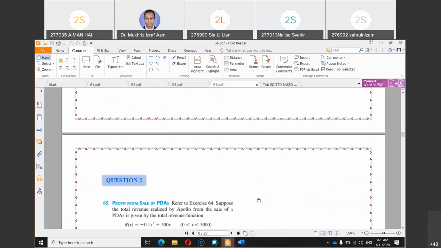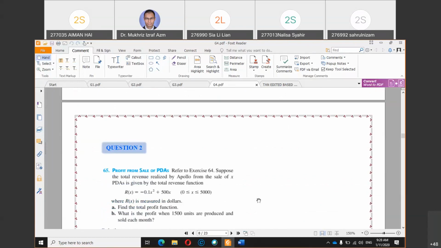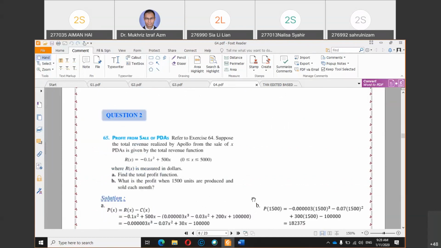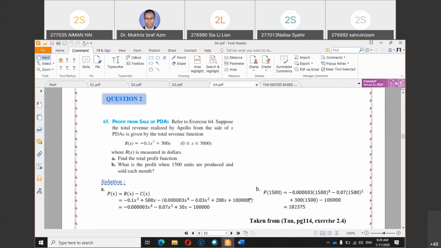Okay, that's the problem because everyone is using the same material, so you end up with chances for some of the questions to be the same.